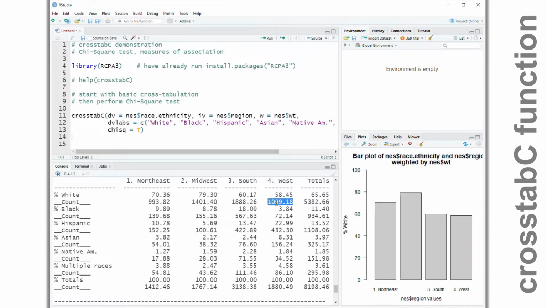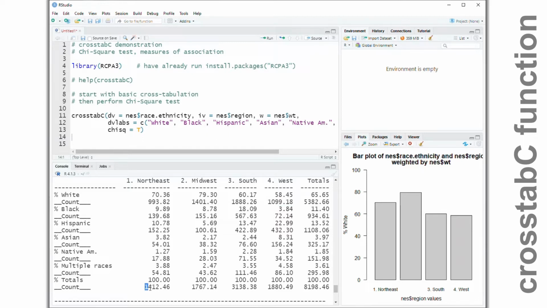So even if we weren't given the frequency in the West, if we knew these 3 data points, that data point does not provide additional information to us. We essentially can derive it. So if we have the Northeast, Midwest, and South values, the West value is determined. And you could say a similar thing if we went down a column.